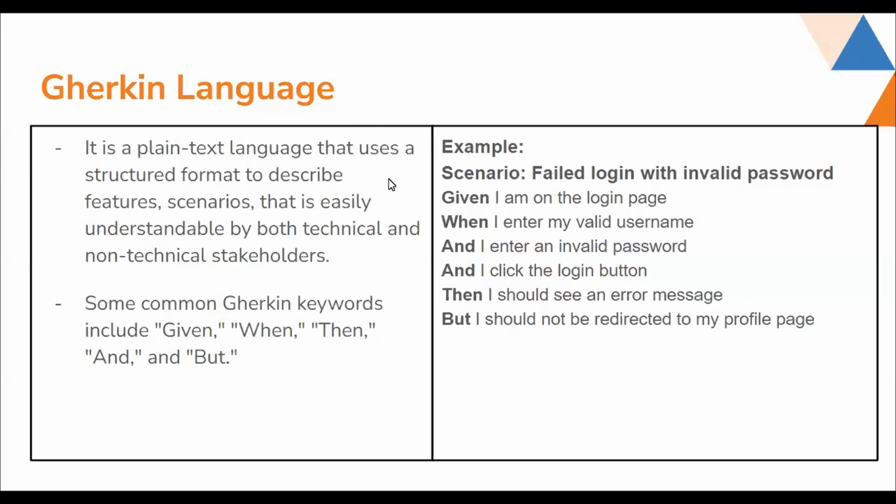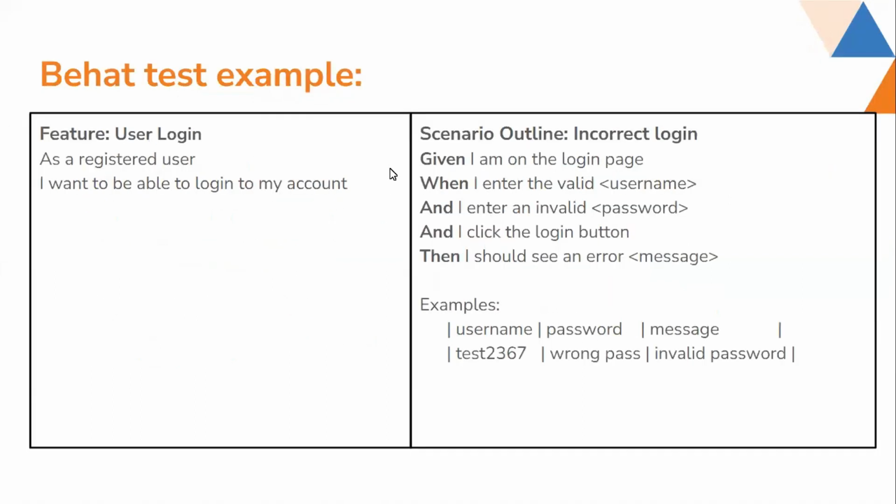If we go to the next slide, we will see a small example again for the Behat text. Here you can see an incorrect login. When reading this, given I'm on the login page and I enter a valid username, and for reference, the username is being pulled from the data that we have given. As you can see, the username, the password, and the message are also set.